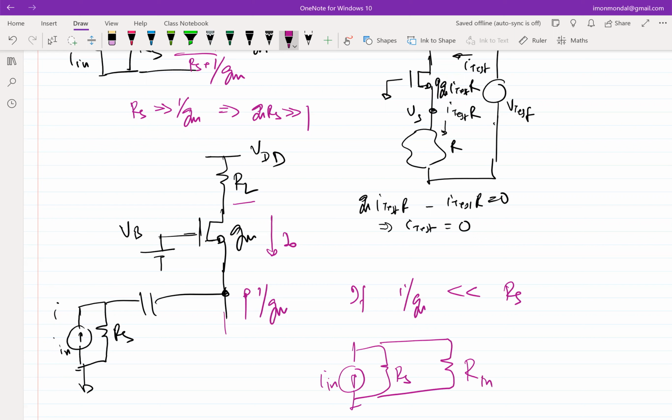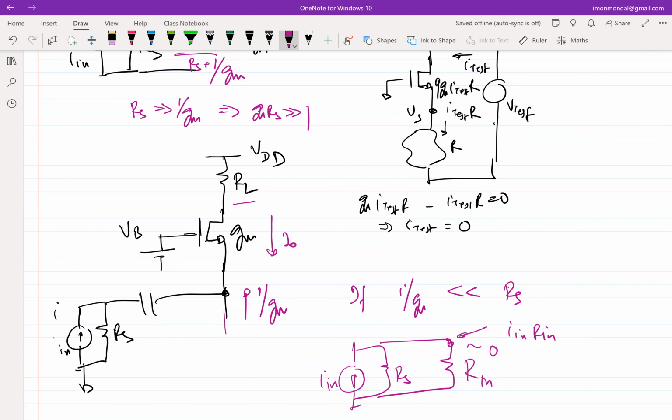Correct? If Rin is much less than RS, this voltage that will develop here is I in times Rin. And if Rin is almost close to 0, right? So this voltage will be almost close to 0.